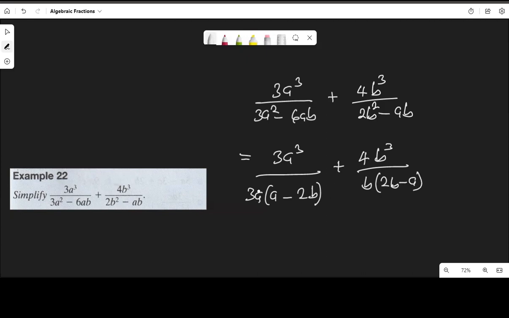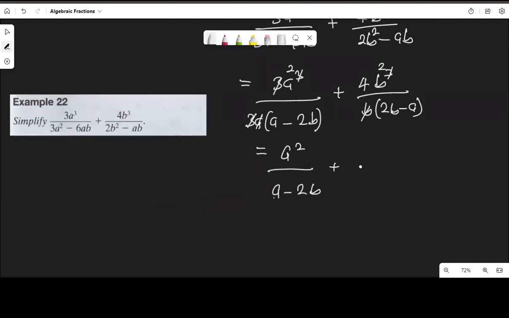So this 3 can cancel this 3, and one of the a's will cancel one a here, so I'll be left with only a squared. This b will cancel one b here, I'll be left with 4b squared, so my expression now becomes a squared over a minus 2b plus 4b squared over 2b minus a.